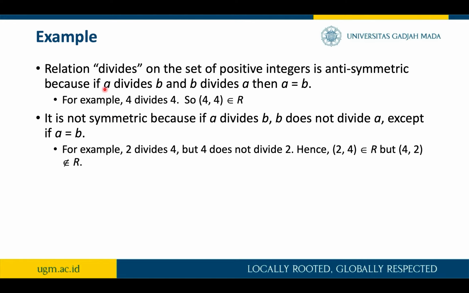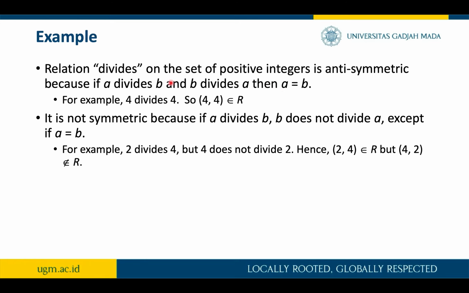Other examples, again: the relation divides on the set of positive integers is anti-symmetric, because if A divides B and B divides A, then A should equal B. A positive integer divides itself.